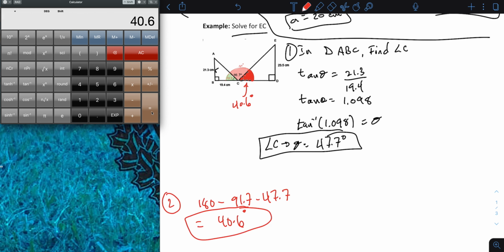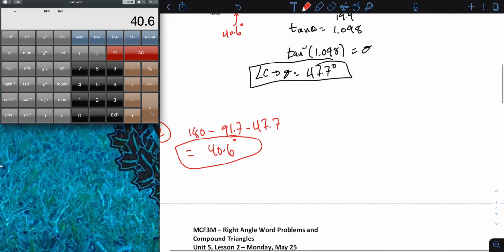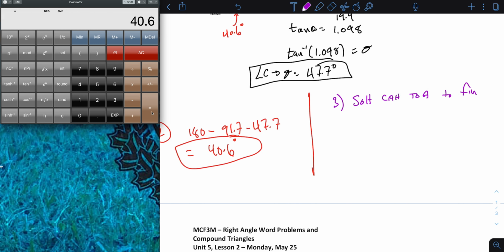Now remember the goal of this question was to get this. So I now have the angle in the corner, I have the opposite, and I want to find the hypotenuse. So step 3 here, we'll do it in purple. Step 3 will be to use SOHCAHTOA to find EC.